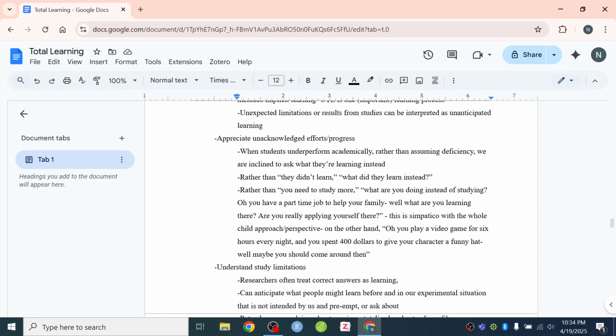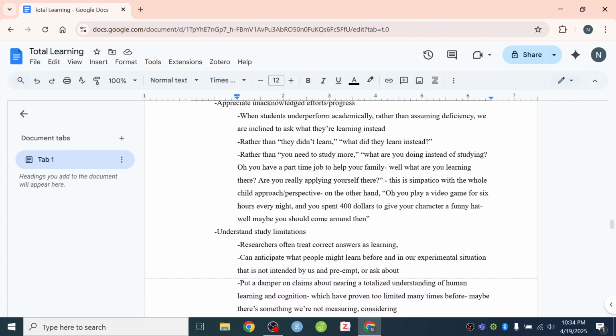Understand study limitations. Researchers often treat correct answers as learning, as we discussed before, but this is probably not really fair. We might be able to better anticipate what people might learn before and in our experimental situation that is not intended by us and preempt it or ask about it when we take a total learning perspective.